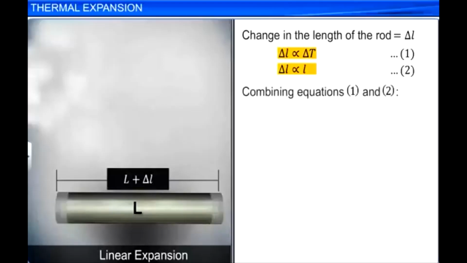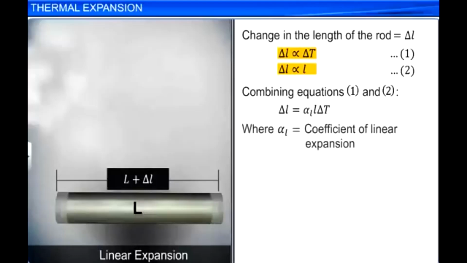Combining equations 1 and 2, we get the expression delta L equals alpha L, L delta T, where alpha L is the proportionality constant called coefficient of linear expansion and is characteristic of the material of the rod. The fractional change in length, delta L by L, is equal to alpha L into delta T.